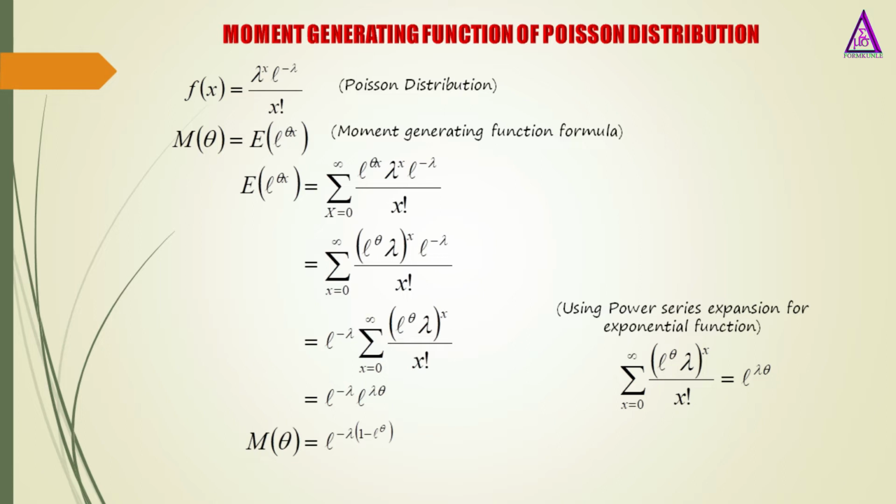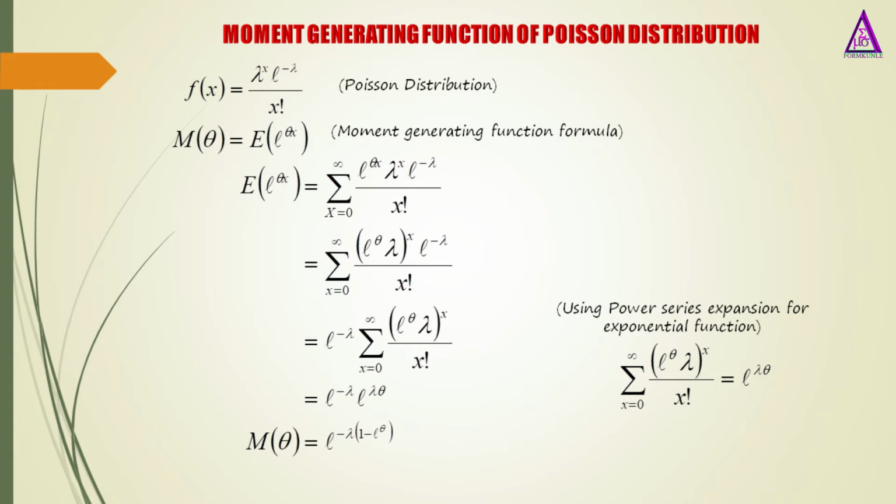And when we factorize x out of exponential raised to power theta x and lambda raised to power x, we have into the bracket x into the bracket exponential raised to power theta lambda close the bracket raised to power x, exponential raised to power negative lambda, everything divided by x factorial.